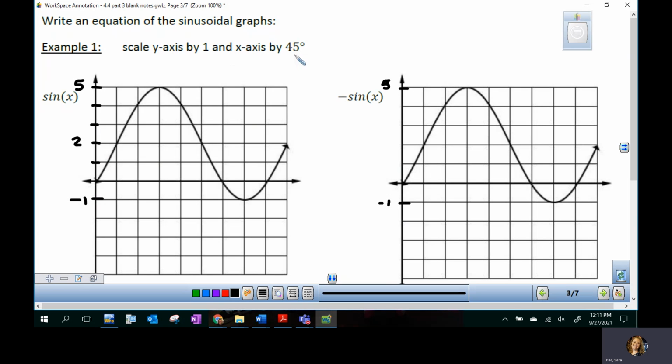The x-axis by 45 degrees. This one's in degrees, so every tick mark is 45. That means this is 90, this is 180, 270, and 360.